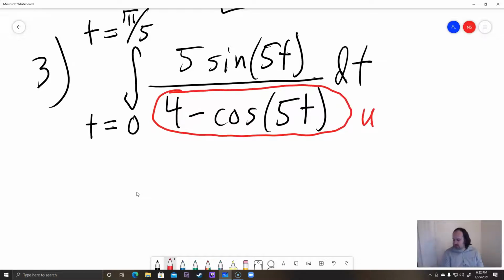So that's going to be u. So generally, when you're choosing your u for u substitution, you want to choose the inside of a complicated composite function, because the problems are generally set up that way, and everything ends up working out. Okay, so here u, we know, is going to equal 4 minus cosine of 5t.